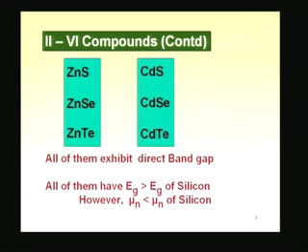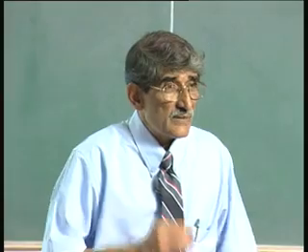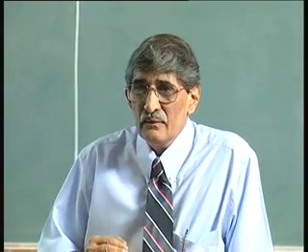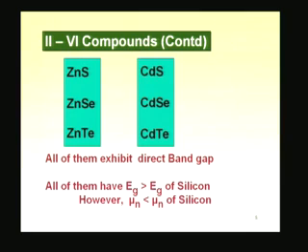Now, all these semiconductors, which are formed by the combination of elements whose atomic numbers are rather large, seem to form direct band gap materials. I mentioned to you last time what a direct band gap material is. To recapitulate once again, I will draw the diagram on the board.